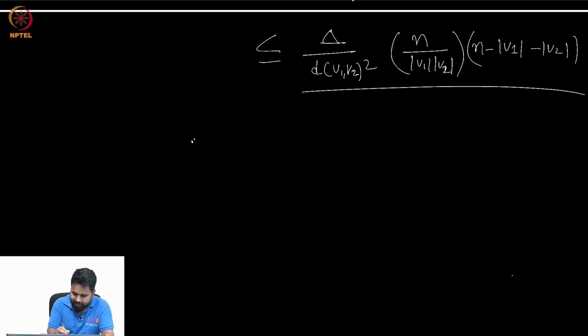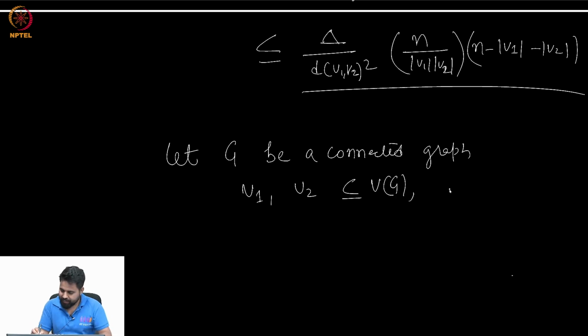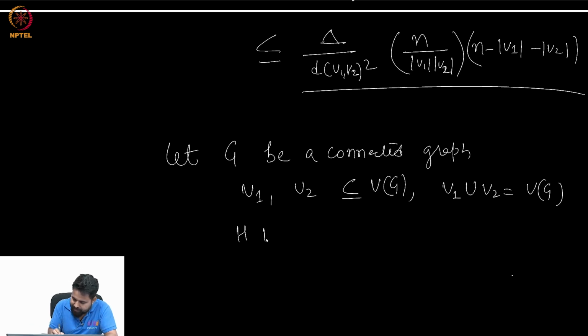Let G be a connected graph, and again V1, V2 are subsets of the vertex set of G, but now you assume that the union of these two is the whole vertex set.